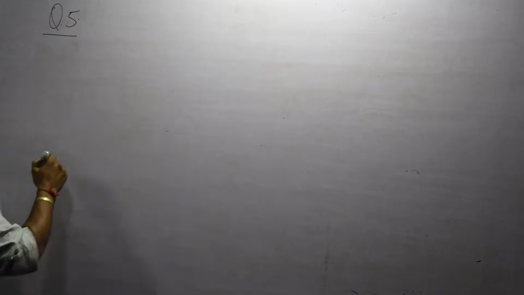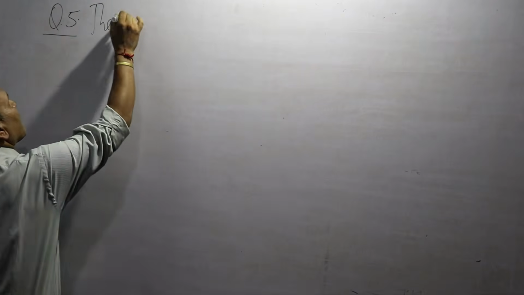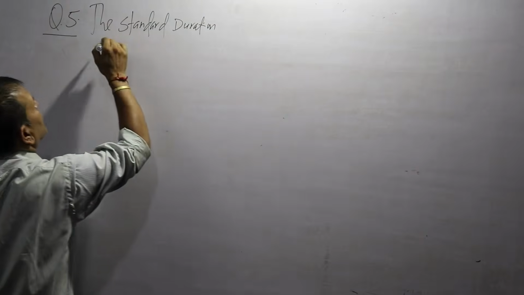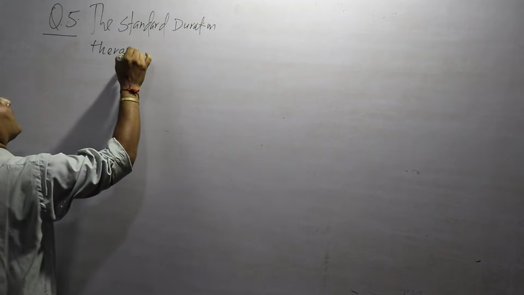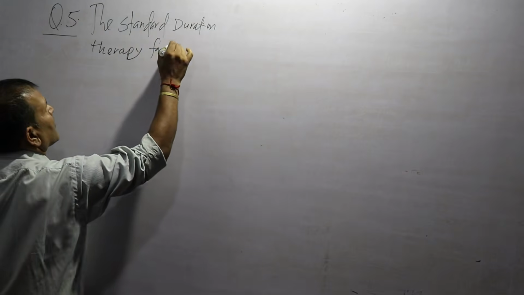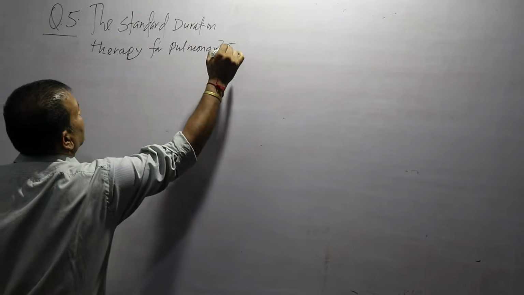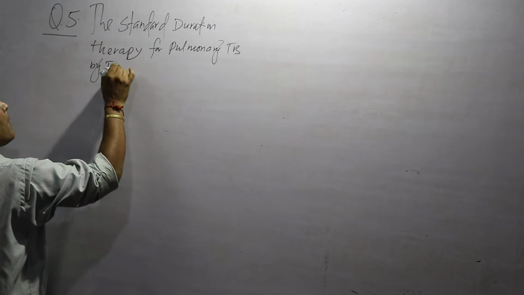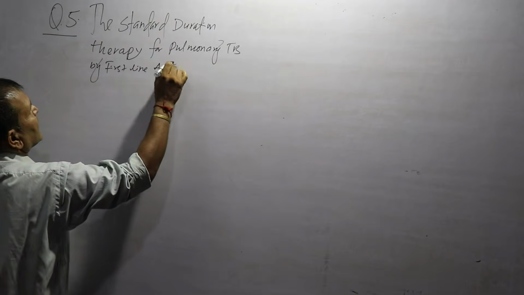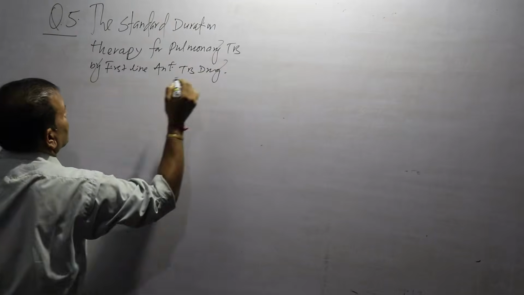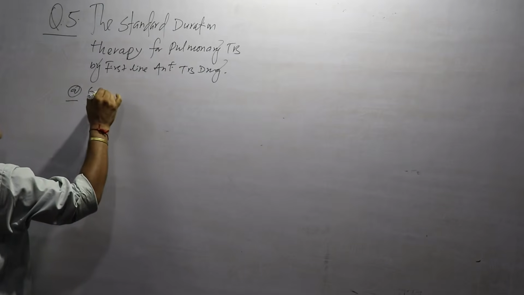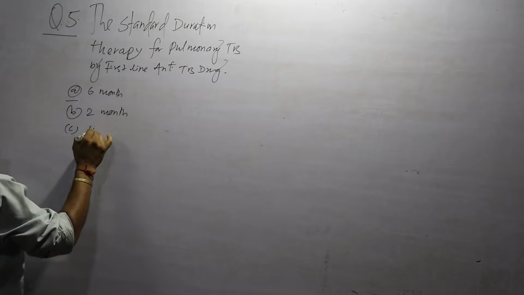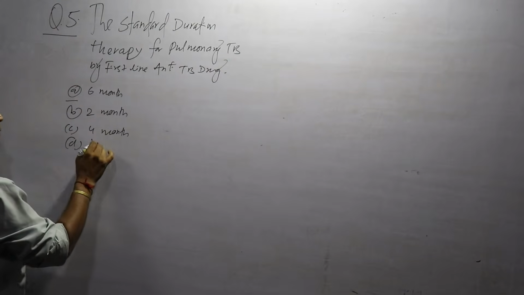Question number 5. What is the standard duration of therapy for pulmonary TB by first line anti-TB drugs? Option A, 6 months. B, 2 months. C, 4 months. D, 1 month.